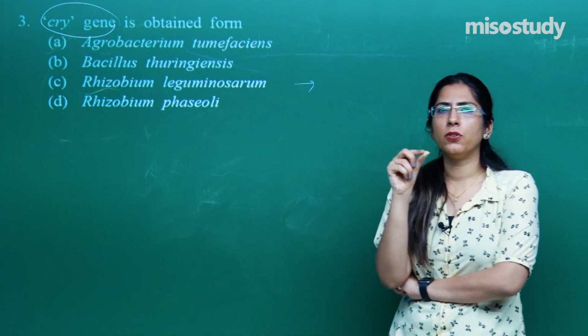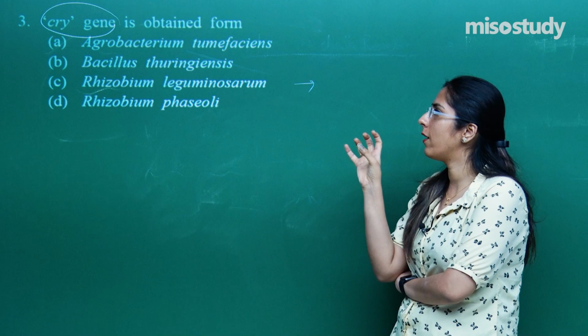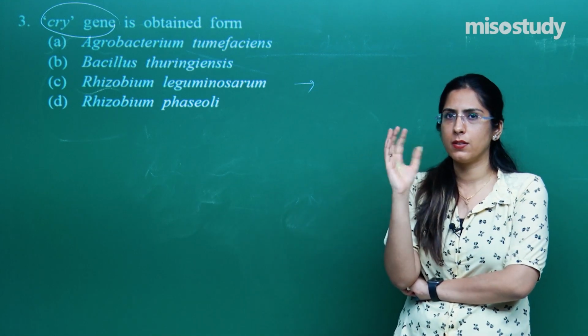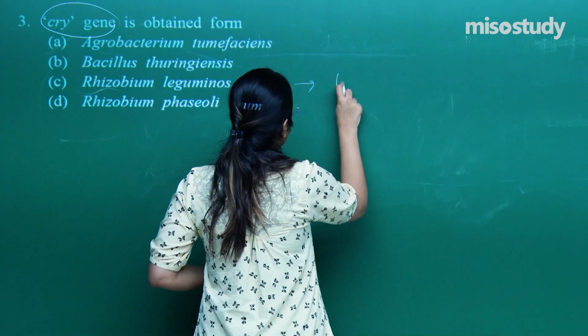Basically, various Coleoptera and Lepidoptera are there, and they are used to prevent such types of infection. Let us talk about the cry gene.